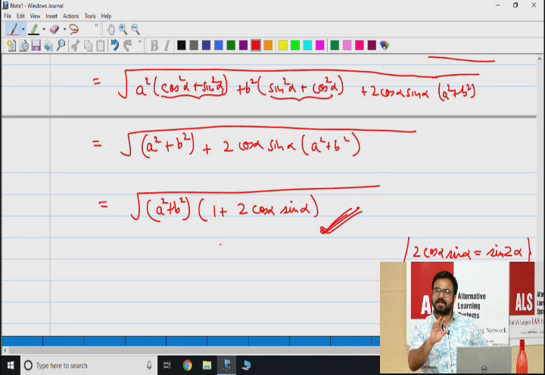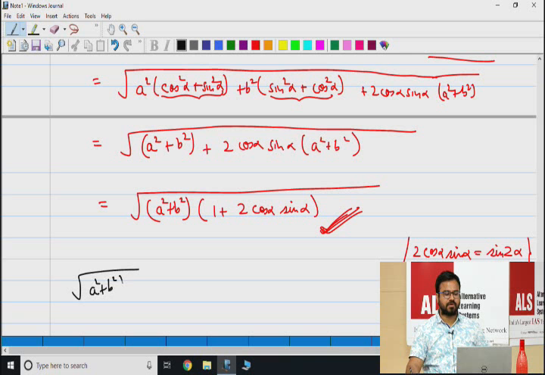It will remain inside the root as it is. If there was a whole square on the a square plus b square, then only we can take it out. We can't right now. Like if we have something like a square plus b square whole square, then it is only a square when we can take it. Otherwise we can't. So in this one it will remain as it is.